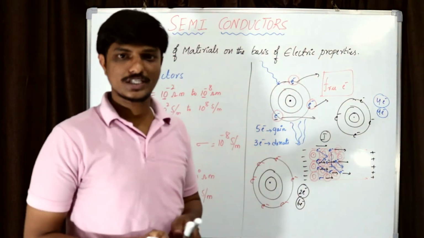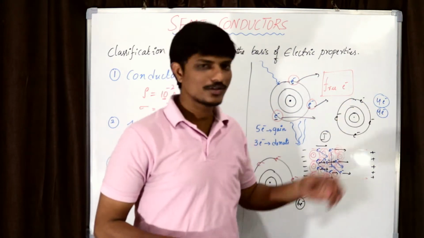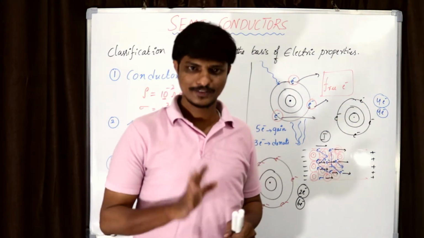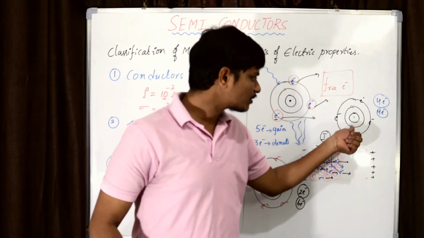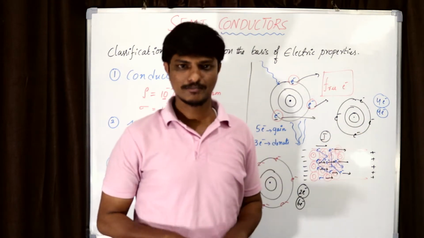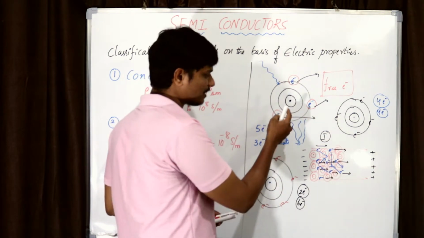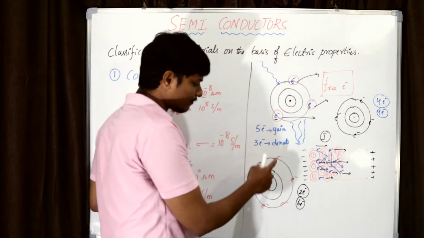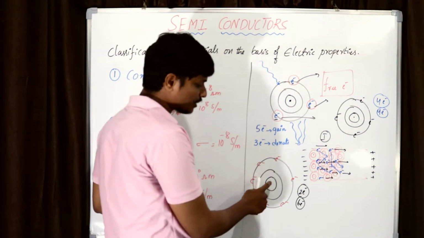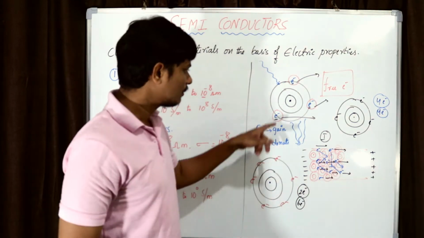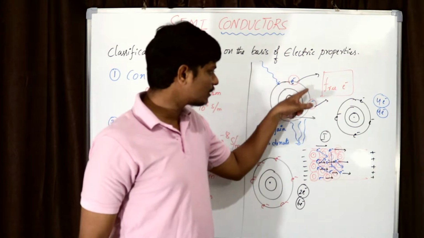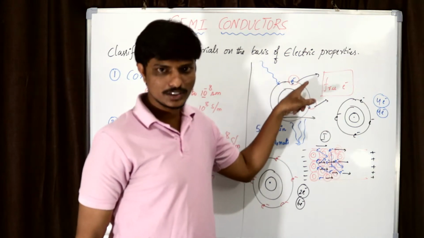It has 50-50 chances, right? It may gain 4 electrons or it may lose 4 electrons. Therefore, these materials are called semiconductors, because it's neither perfectly a conductor like those whose valency is less than 4, nor perfectly an insulator whose valency is more than 4. So who are the conductors? Who are the materials that are going to donate free electrons?